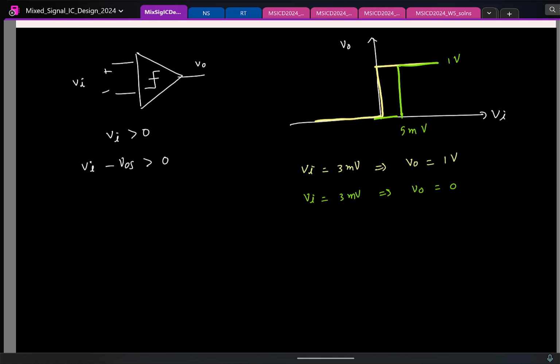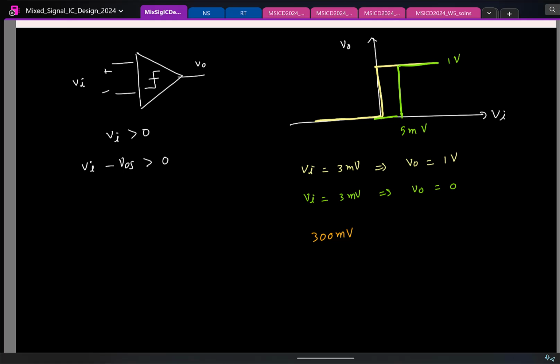And now let us say the input voltage is 300 millivolts. Do you think we'll have an issue? Do you think offset will be a problem for smaller inputs or for larger inputs? Smaller inputs, especially voltages close to the offset, will have issues. So if we have a larger input to start with, offset might not be a real pain.